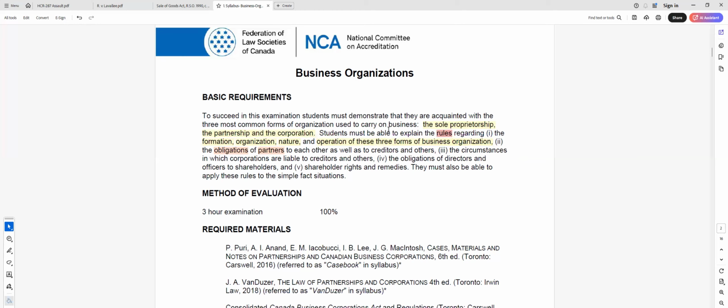Then the student also should be able to explain the rules regarding the circumstances in which corporations are liable to creditors and others. So we should know about partners, then comes the corporation. How is a corporation liable to the creditor? To what extent is the corporation liable? A corporation is a separate legal entity.